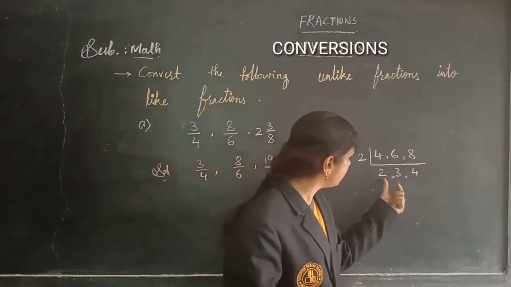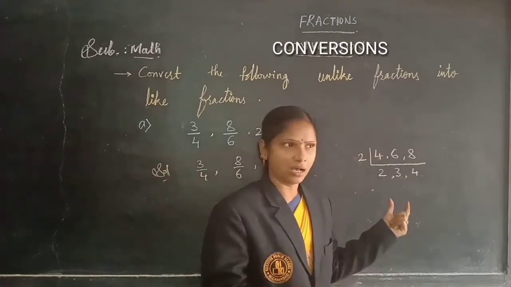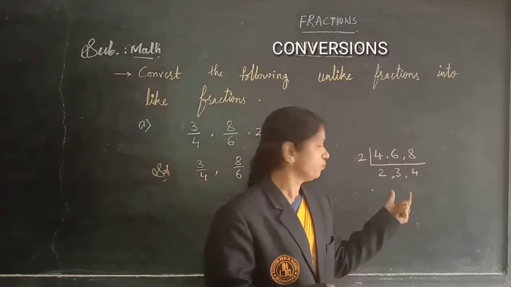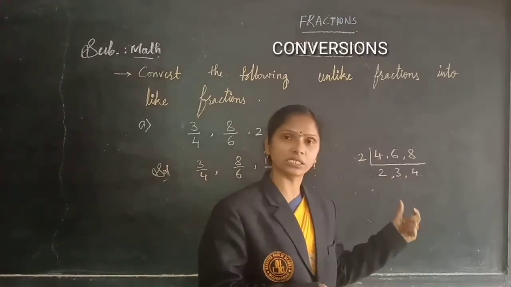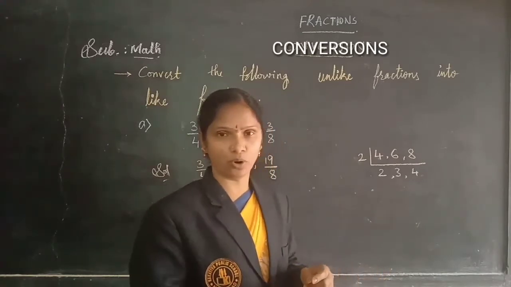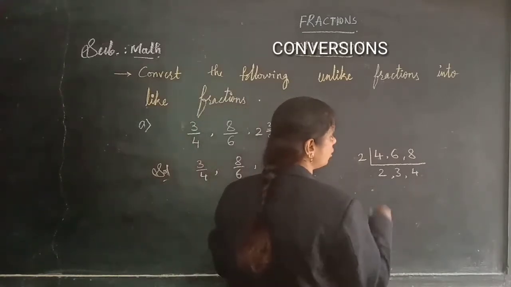Here I am taking 2 and 3. Will you get those 2 numbers in any table as a product? No. So check 2 and 4. Yes, 2 and 4 are possible in the 2 table as a product. So here we can take the 2 table.